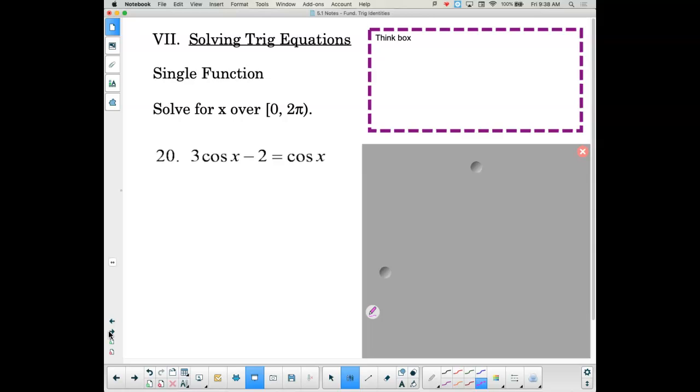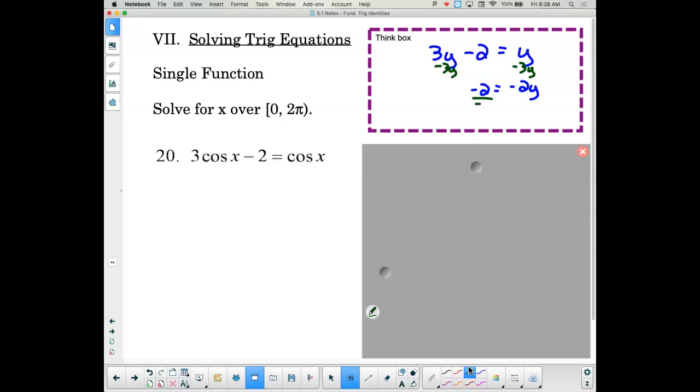This first one is no different than 3y minus 2 equals y. What would you do to solve 3y minus 2 equals y? Subtract 3y from both sides, right? So then that gives me negative 2 equals negative 2y.